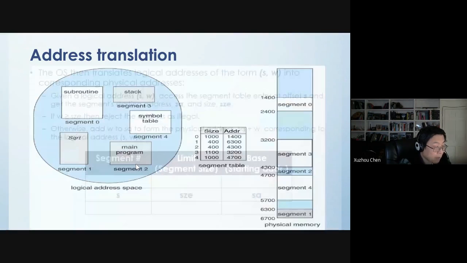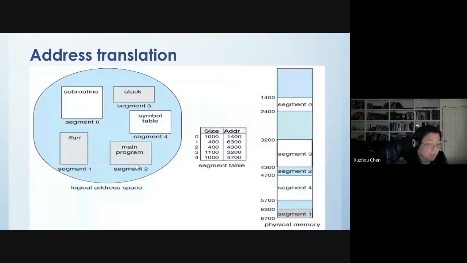Okay, so now in concept, I can tell you this. Suppose I have this program. For example, the main program is here. That's one segment, and I call it segment 2. And there's one function called sqrt, a square root function.